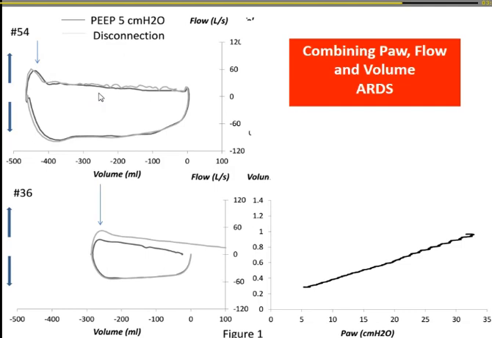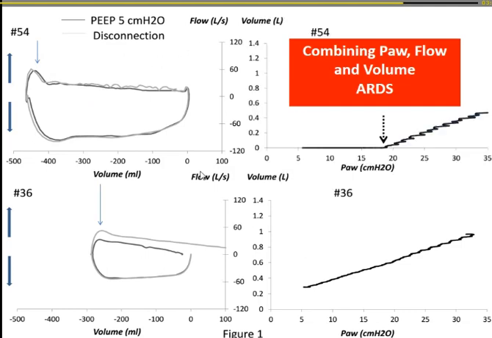If we compare this flow volume loop to the volume pressure curve of this patient, you see that from 5 centimeters of water of PEEP up to almost 18 centimeters of water, there was no change in volume, and suddenly there was an increase in volume with a subsequent increase in pressure, suggesting that in this patient the airways were closed and not communicating with the atmosphere up to this critical opening value. It's important to keep that in mind to make the distinction between airway closure and lung recruitment.